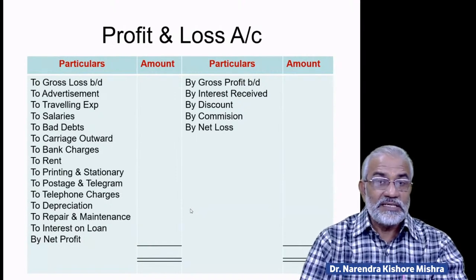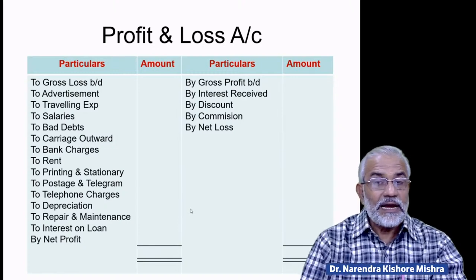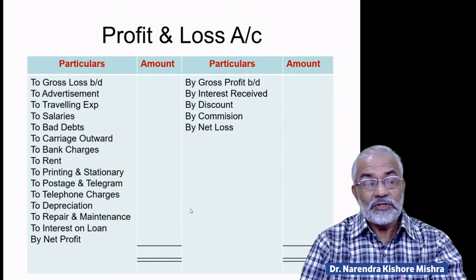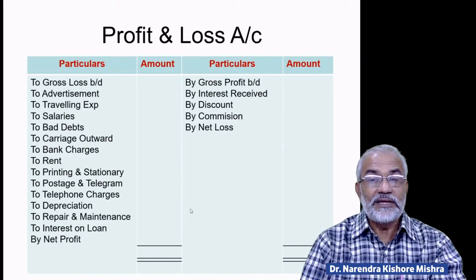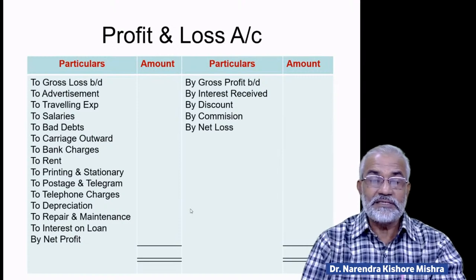Profit and loss account, as I said, is a nominal account, and the principle of nominal account says debit all losses and expenses, credit all gains and incomes. That means all items on the credit side will be either an income or a gain, and all items on the debit side of the profit and loss account are either an expense or a loss.